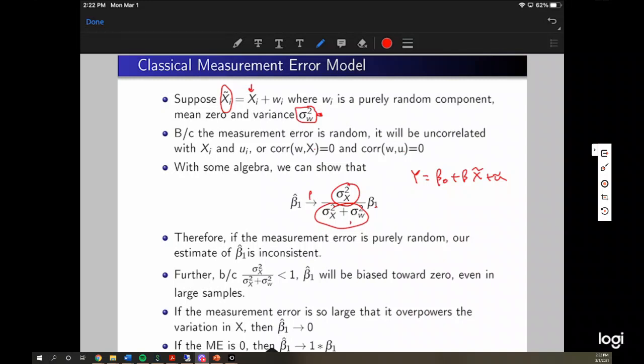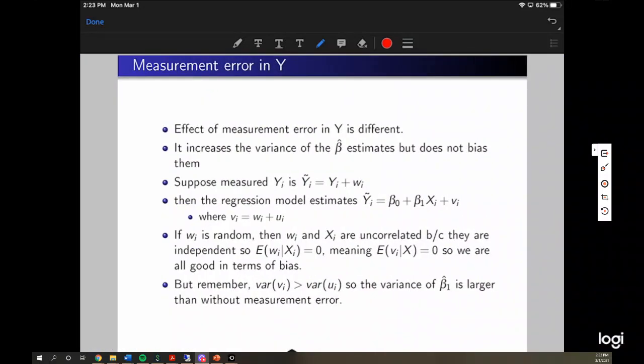Therefore, if the measurement error is purely random, our estimate of beta hat 1 is inconsistent, and also biased. Further, because this is less than 1, beta hat 1 will be biased towards 0, even in large samples. If the measurement error is so large that it overpowers the variation in x, then beta hat 1 converges to 0. And if the measurement error is 0, then beta hat 1 converges to beta 1.